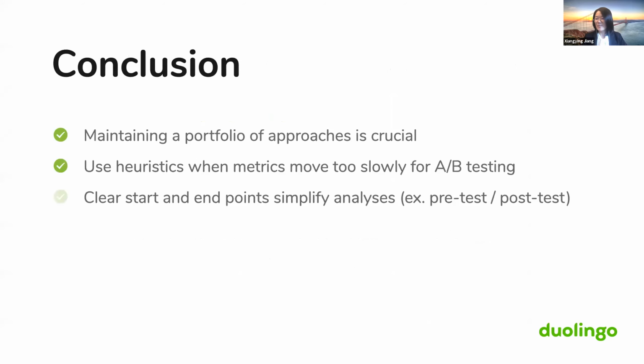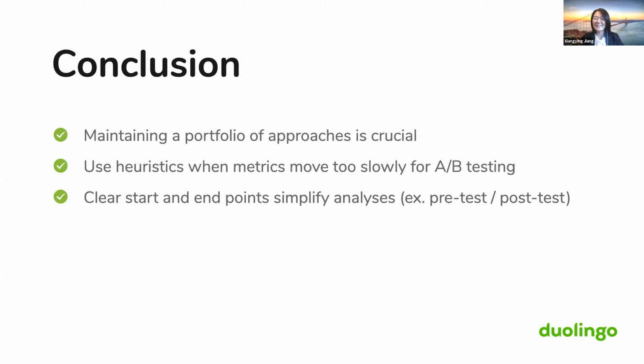So these are the three approaches we use, in-app and also external. But now to conclude, we think maintaining a portfolio of approaches is crucial. So we look at the in-app assessment, meanwhile complement it with external proficiency tests. We also think that it's useful to have heuristics when metrics move too slowly for A/B testing.